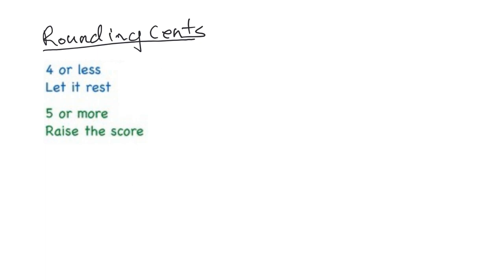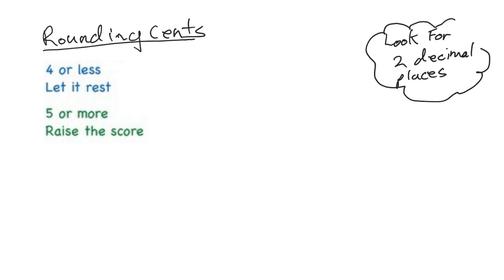So remember, when we're rounding cents, we always look for two decimal places. Okay, and then we use our rule for rounding. 4 or less, we let it rest. So here's another example. Let's say we have 1.577.